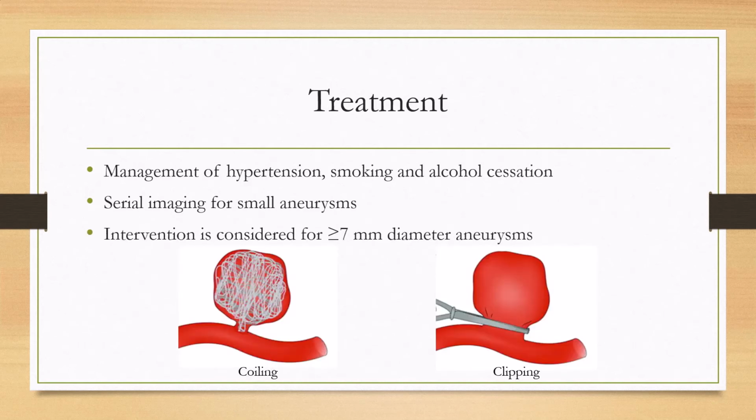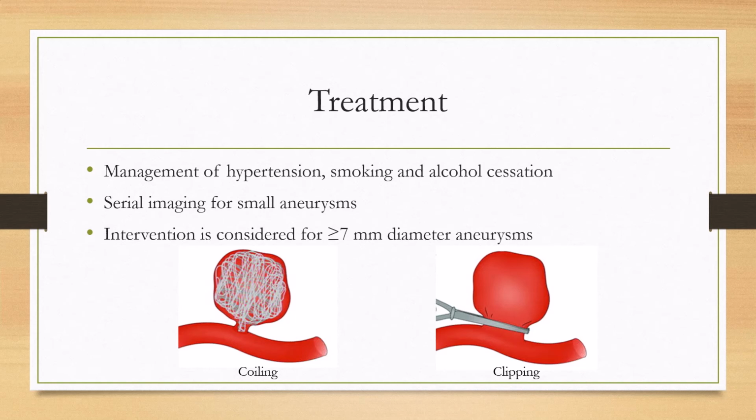So let's say someone has been diagnosed with an aneurysm. When it's unruptured, you want to focus on reducing the risk factors that make it rupture, such as managing hypertension, as well as smoking and alcohol cessation. For small aneurysms, they can be monitored serially, let's say every 2 or 3 years.